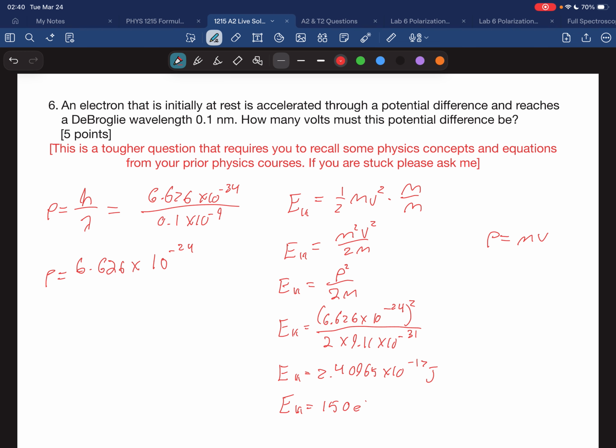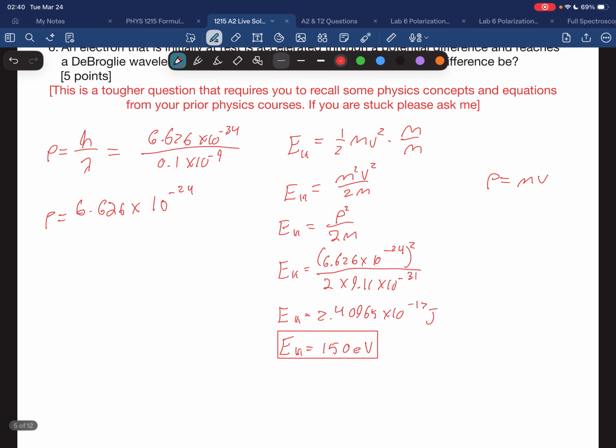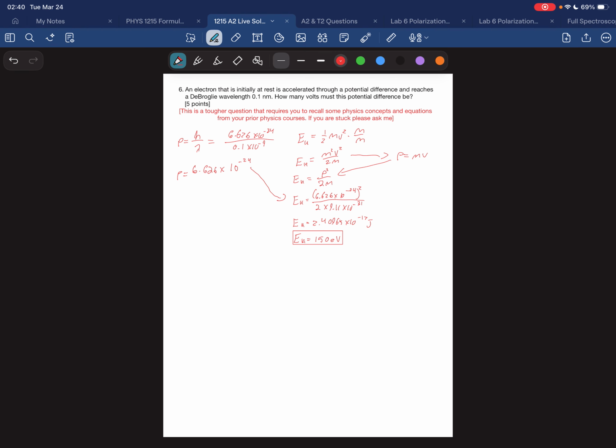I get 150. There we go. So 150 electron volts for this question. And some arrows just to make it more clear. So that was question 6.